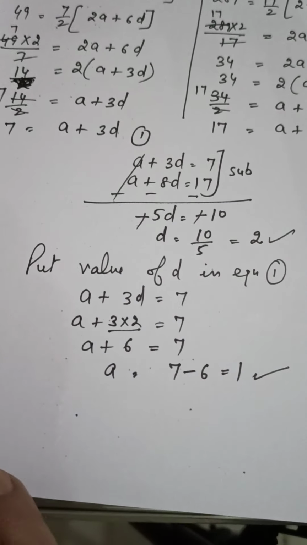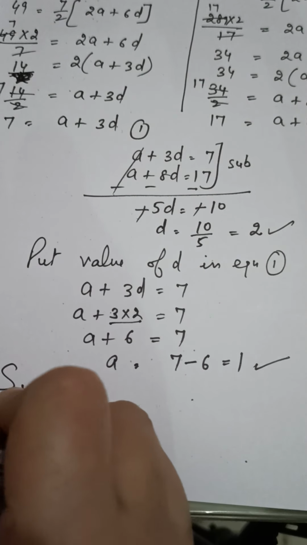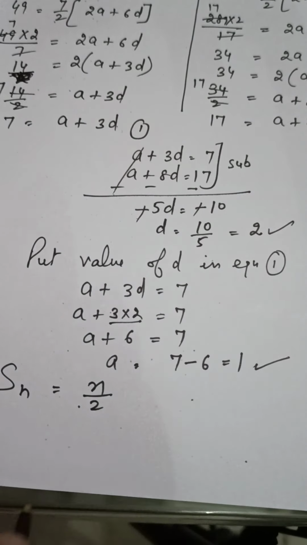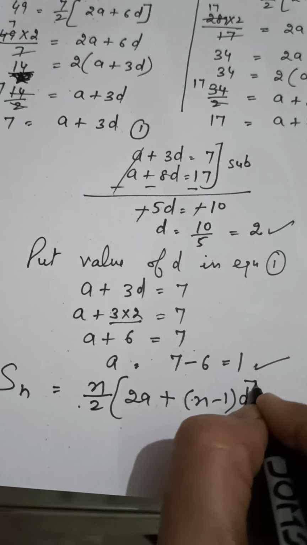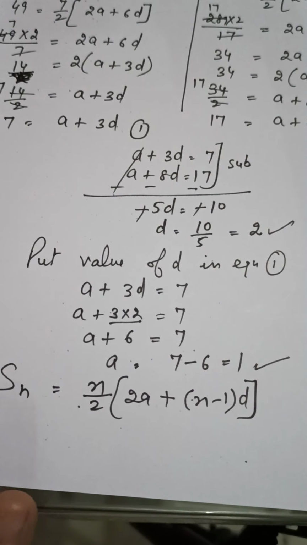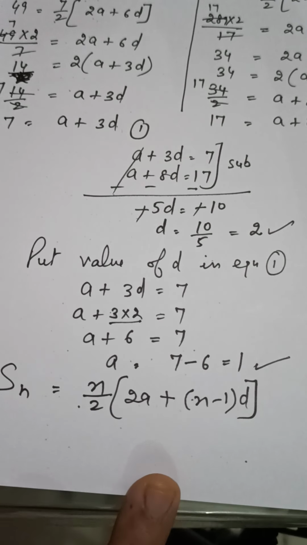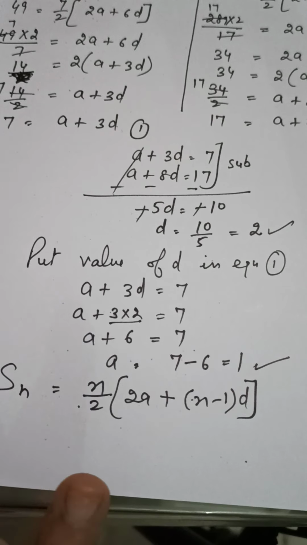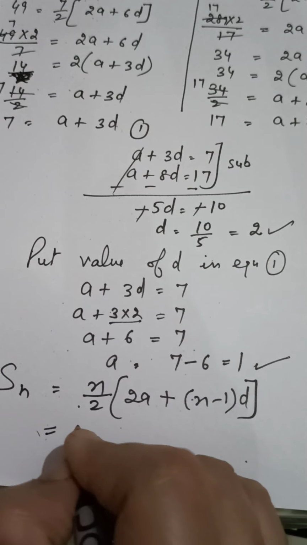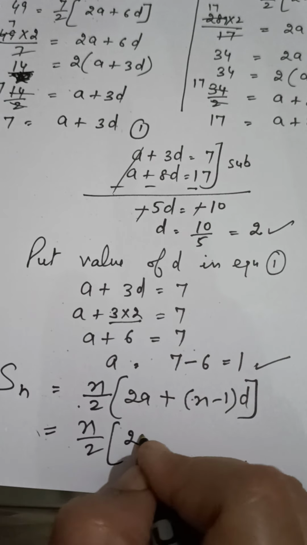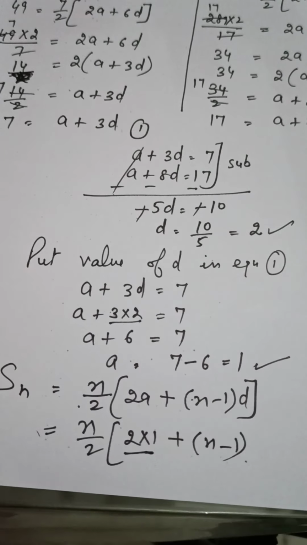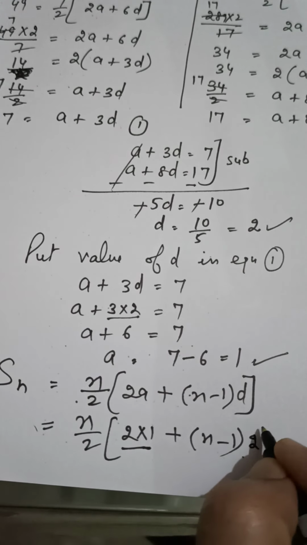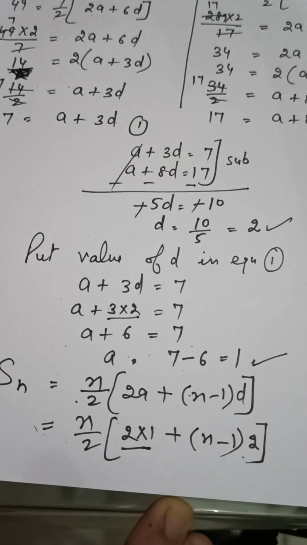Now our question is, we have to find Sn. What is Sn? Sn is equal to n upon 2, 2a plus n minus 1 into d. Now n remains the same because you have to find the sum of n terms. That means the value of n is n, nothing other value. N upon 2, 2 times a, the value of a is 1, plus n minus 1 times d. Value of d is 2. What do we get here?